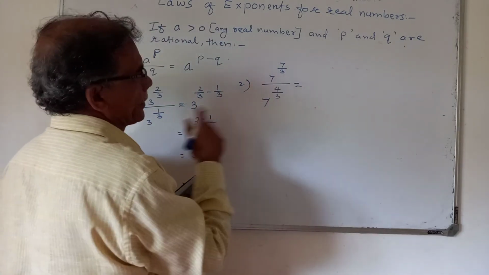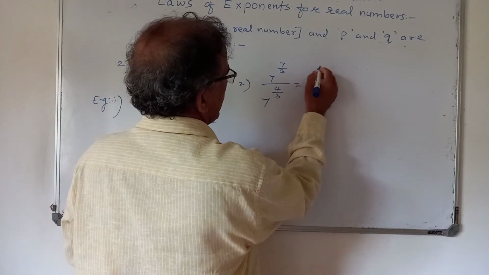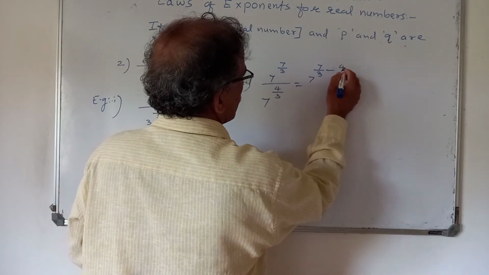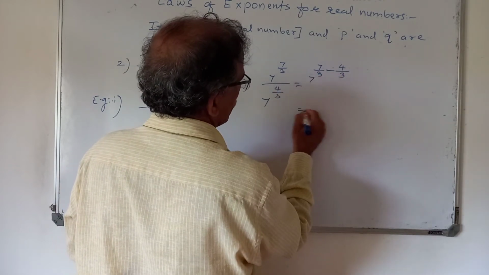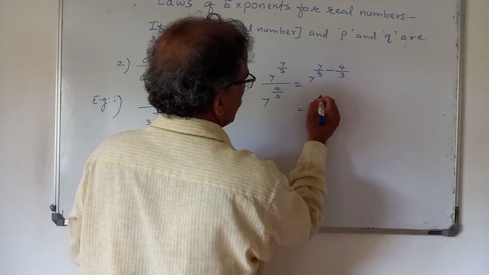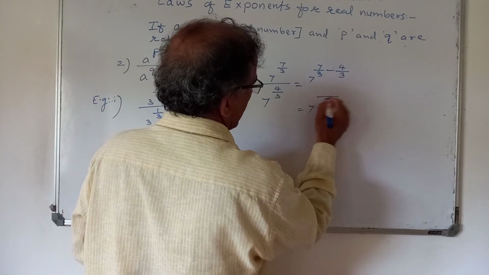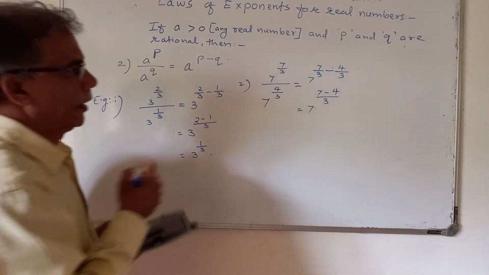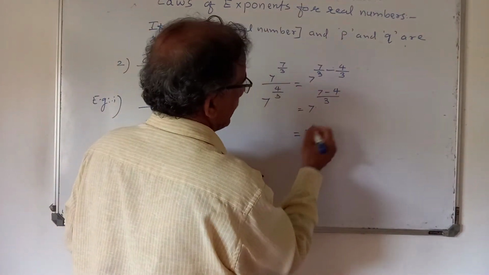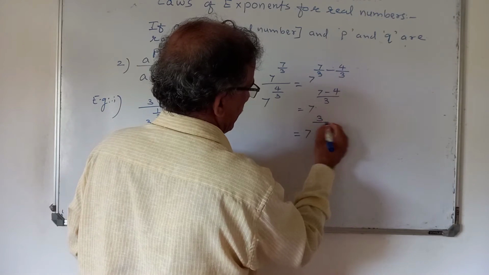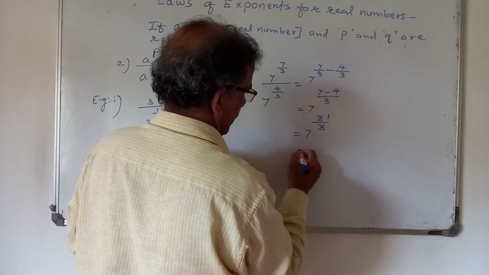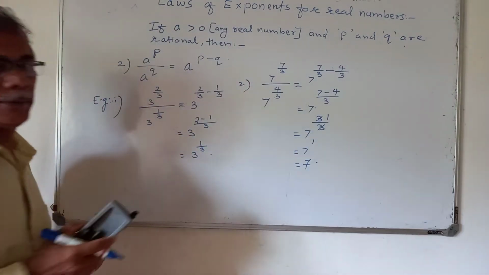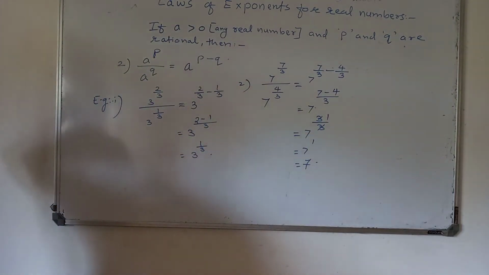Now again bases are same, so you have to write 7 raised to 7 upon 3 minus 4 upon 3. So that is 7 raised to, now again denominator same, so 7 minus 4. 7 minus 4 means 3 upon 3, 1. So 7 raised to 1 means it is 7.